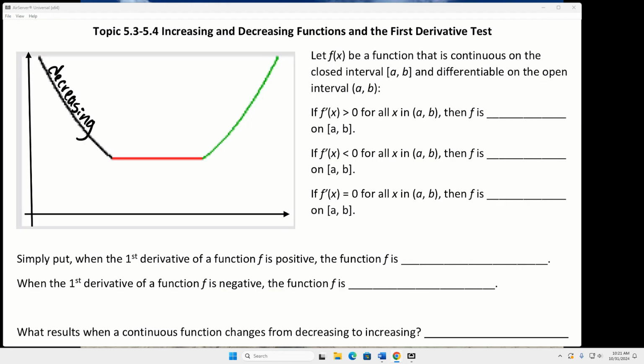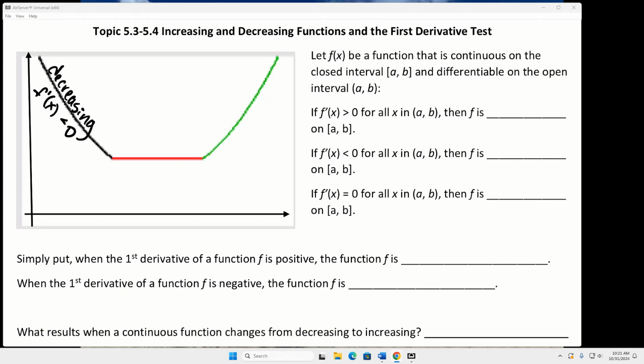Would you say the slope or the derivative is positive or negative? Negative. So I'm going to write that as f prime, the derivative of f, is less than 0.